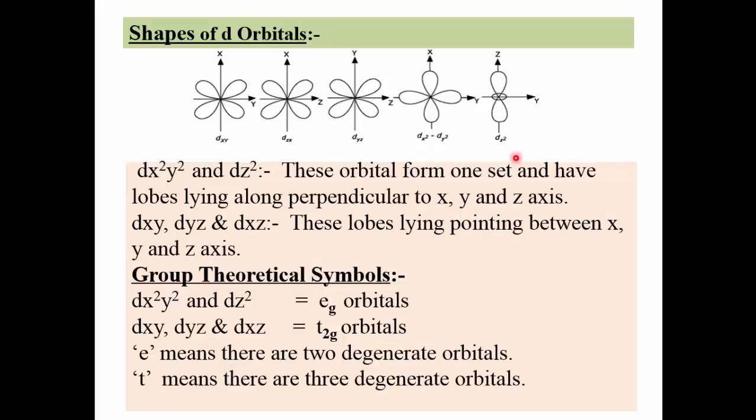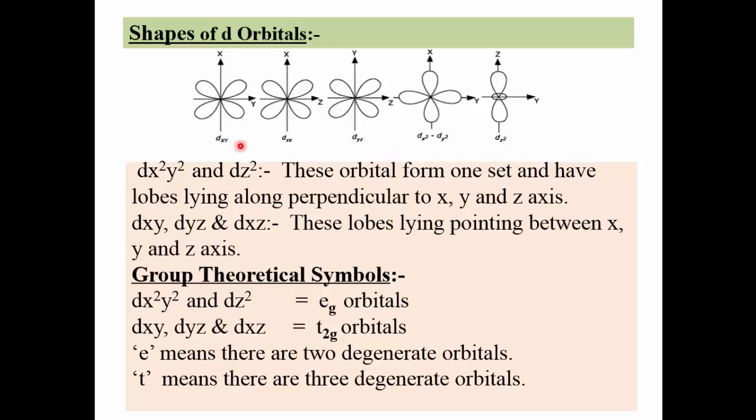Then the next point, shapes of d orbitals. We know that there are 5 types of d orbitals: dxy, dyz, dxz, dx square minus y square, and dz square.